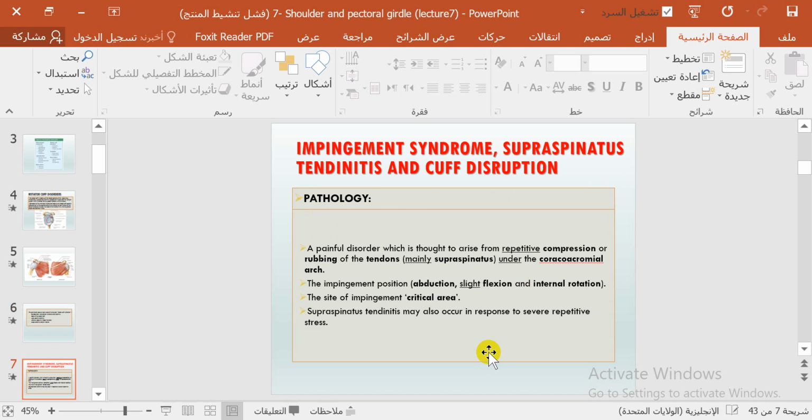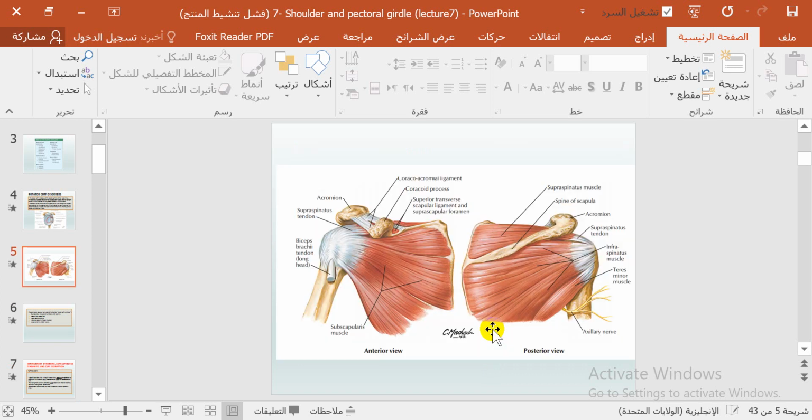The pathology: a painful disorder which is thought to arise from the repetitive compression or wrapping of the tendons, mainly the supraspinatus tendon, under the coracoacromial arch. As we know, the acromion is the prominent part of the scapula, and it is attached to the ligament that connects it to the coracoid process, and this forms a crescent arch underneath which the supraspinatus muscle passes through.